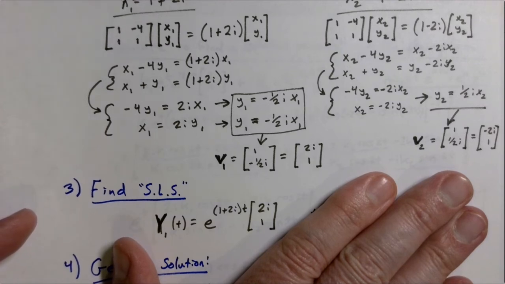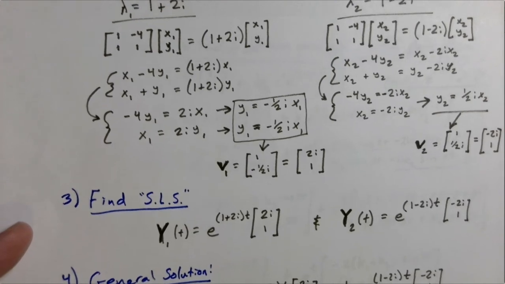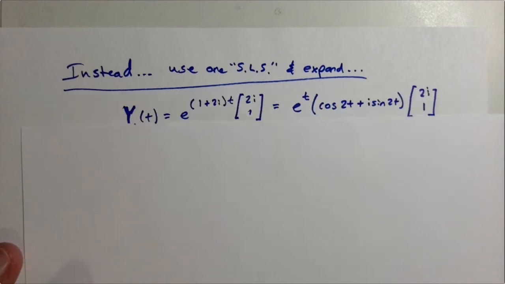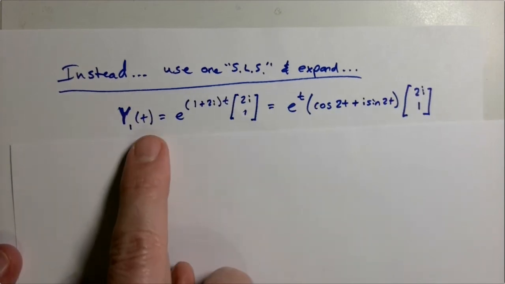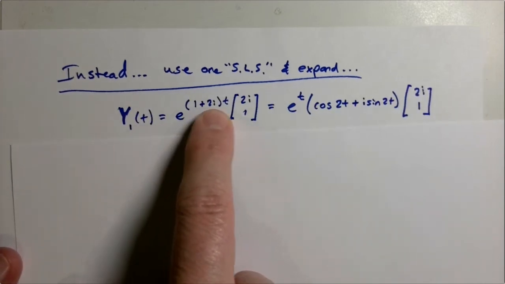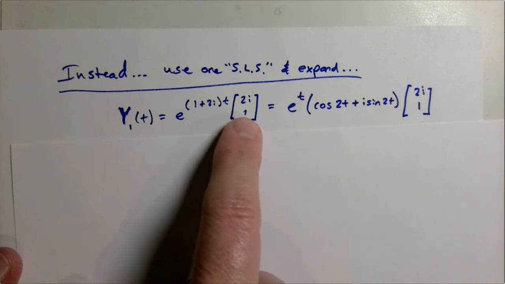We just need one. And the reason that it works is if I grab my one straight line solution and expand, here's my straight line solution number 1, e to the lambda 1 t times its eigenvector.